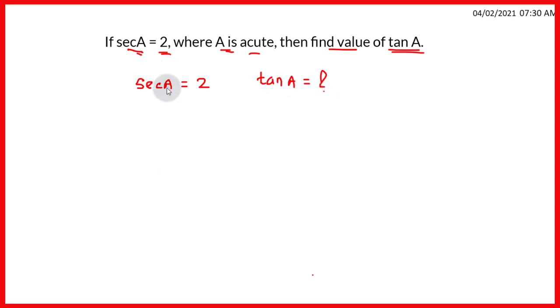So here, first we will take the square of both the sides. So we will get sec square A, which is equal to 2 square, that is 4.